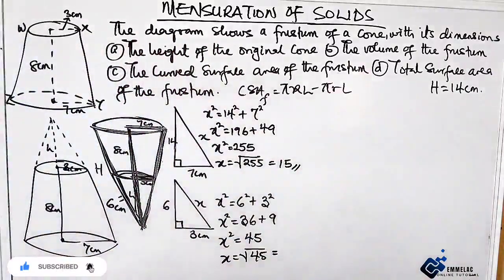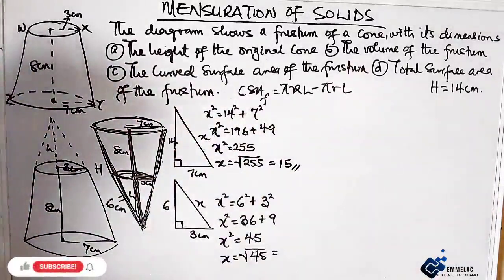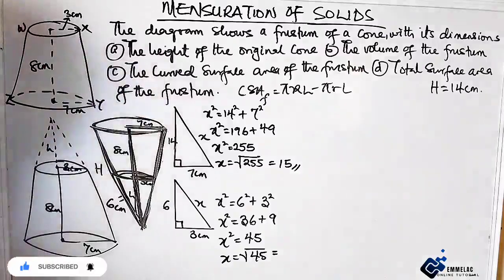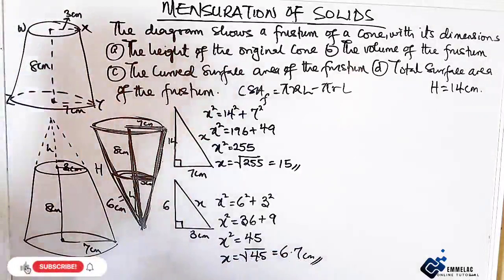Now ascertaining that, we have, so here we have the square root of 45 to give us 6.7 centimeter.